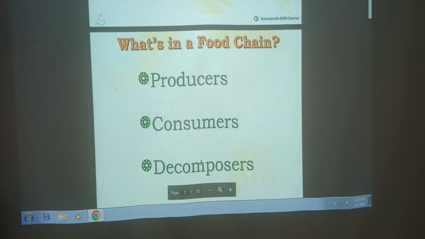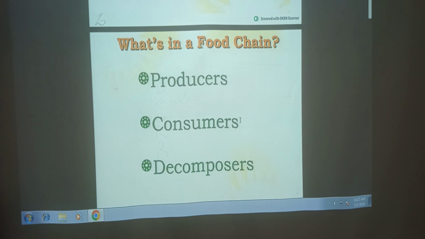Producers prepare food autonomously. The second one is consumers. All animals depend on plants for their food needs, so they are called consumers and also heterotrophs. There are different types: primary consumers, secondary consumers, and tertiary consumers.